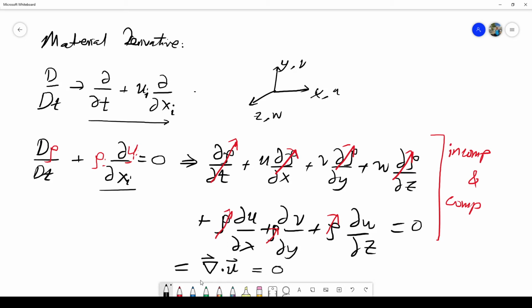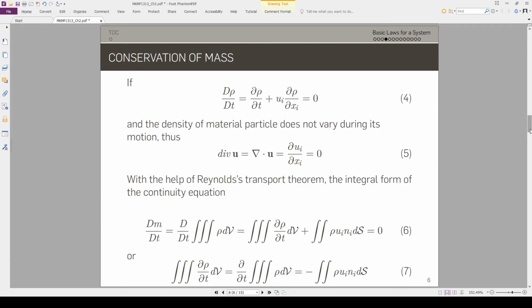So this comes back to our continuity equation, which is written in the symbolic notation of nabla. In this slide, equation number 4 is this, and equation number 5 is just to explain the term d rho over dt.